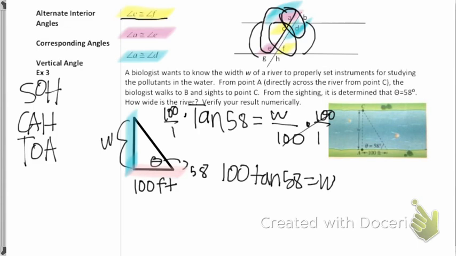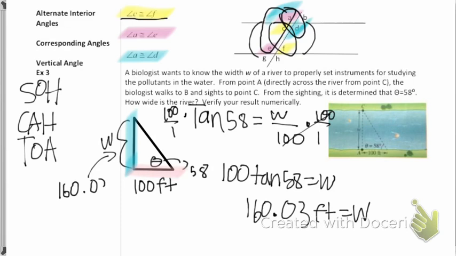And now to find the width, 100 times tangent of 58, I just calculated on my calculator, equals 160.03 feet. So the width of the river equals 160.03 feet.